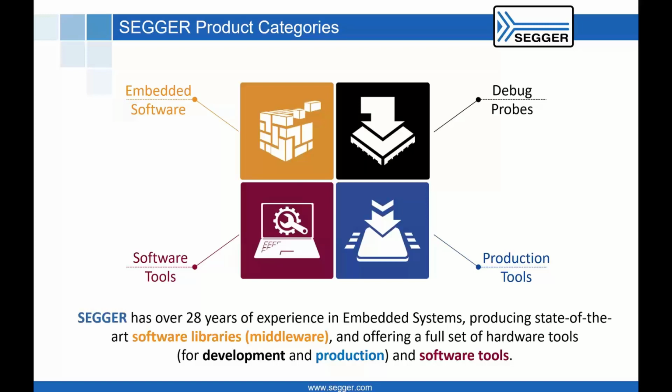And then we have a line of production programmers, our line of Flasher programmers for volume production. Overall, we have 28 years of experience with embedded systems and with everything that goes along with it.